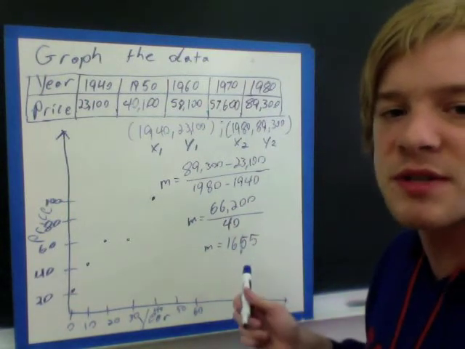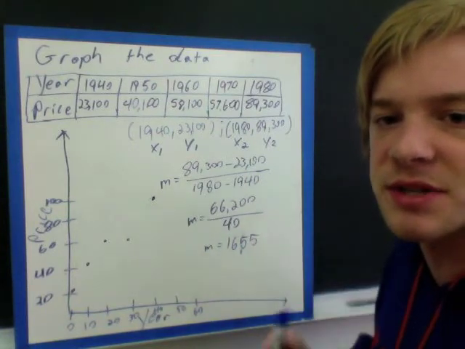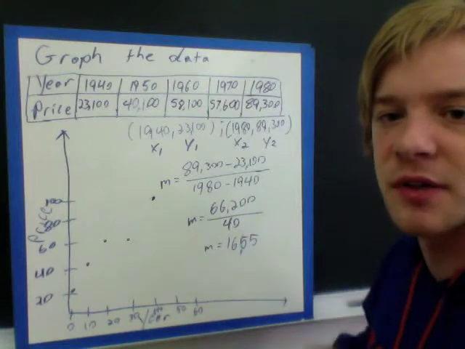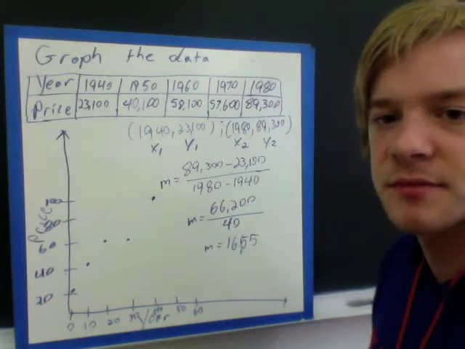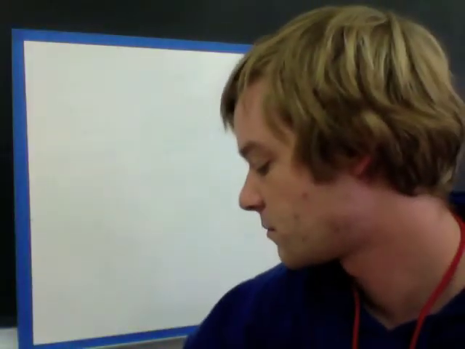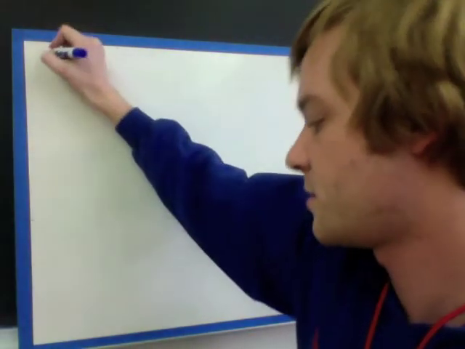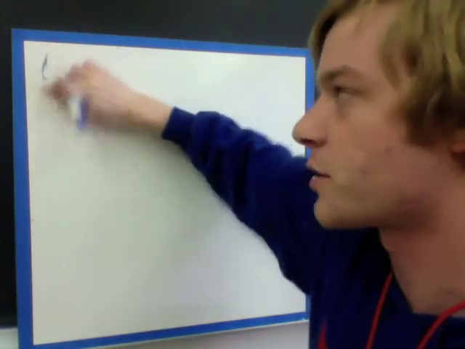Now I'm going to move this slide out of the way. Make sure you have this written down because we're going to continue this problem and finish this out on the next blank slide here. So as we just found, we've got our 2 points for starters.